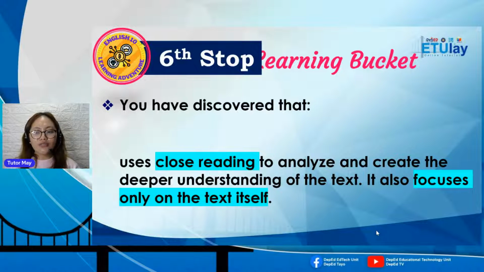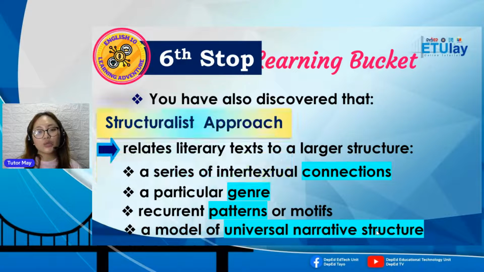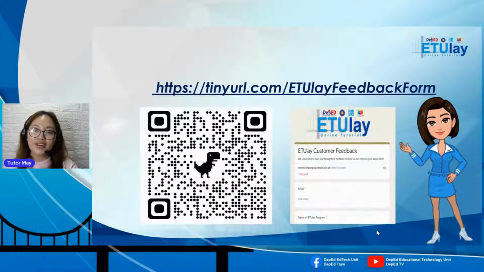And we have discovered that we have to make close reading when we are to apply these approaches, and we have to focus on the text itself. And these are the different things we have to consider when we are using the structuralist approach. These are our references, and you can also feedback my session. I will appreciate if you will be giving me a feedback how our session went on.